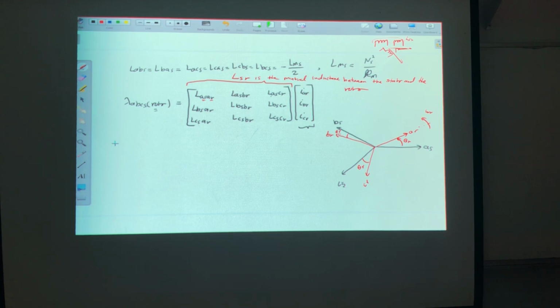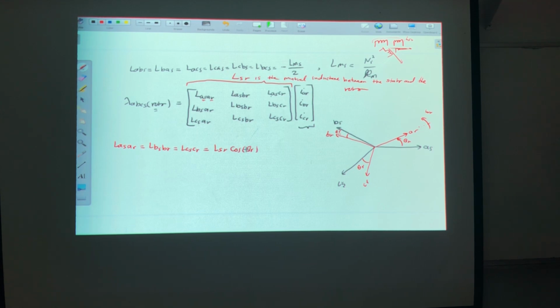So this means that LAS AR will equal LBS BR, and it will equal LCS CR, which will equal LSR, the maximum coupling, cosine the angle in between, which is theta.